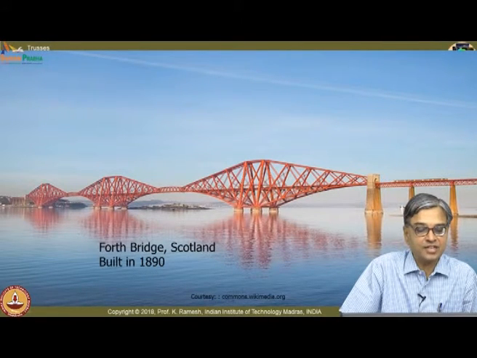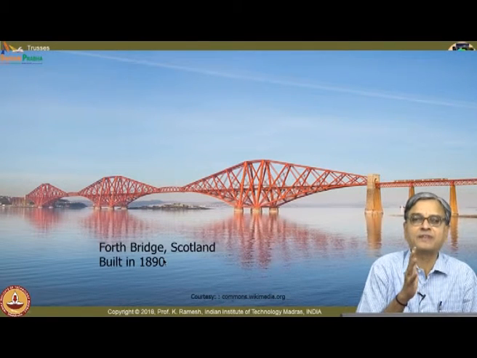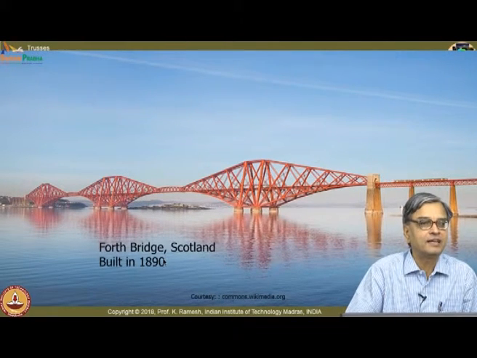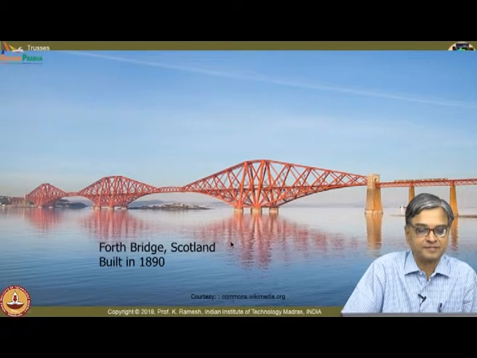We had seen the Eiffel Tower, it was built in 1889. It's before that. And what I want you to notice is the span and the amount of material that is being used. Because it was designed in 1890, people were very conservative. They wanted to have redundancy in the design.